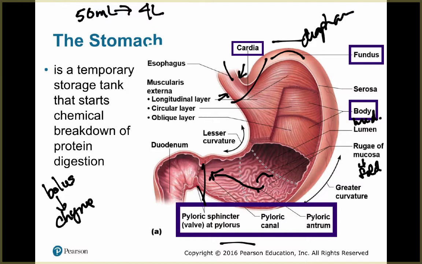And so this is what closes, right? This pyloric valve or sphincter controls the emptying of the stomach into the small intestine. That area is specifically called the duodenum.